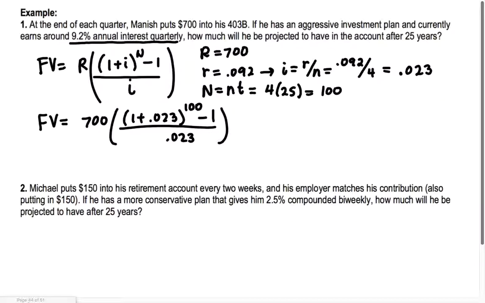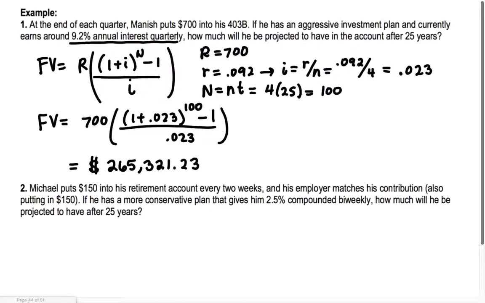And we start putting this all in. And we get $265,321.23. Did you guys get that number? You did it?